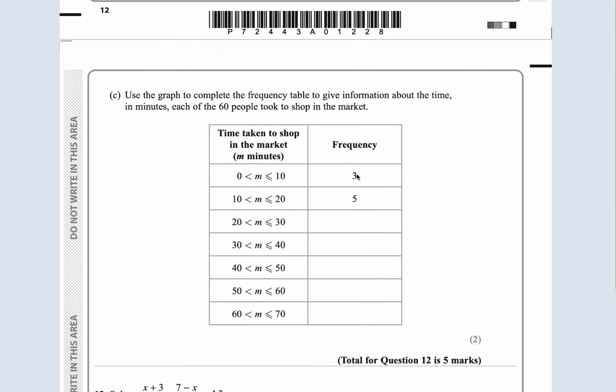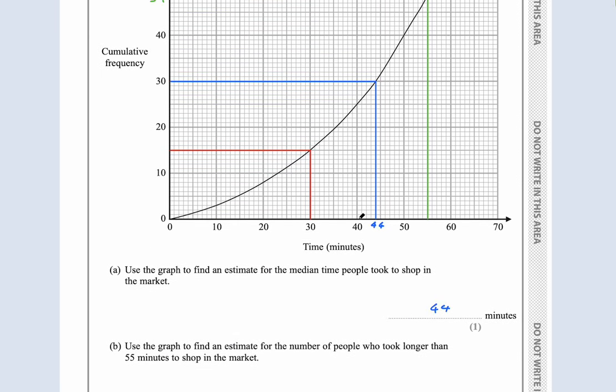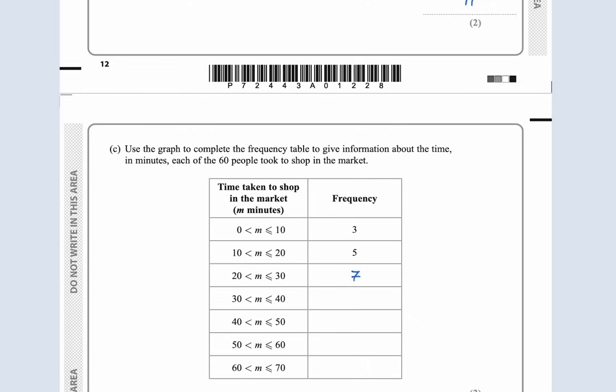So that means this plus something must be 15. That's 8, so this has to be 7, because the cumulative frequencies when I add them all together, this has to add up to 15. Now similarly, I'll go to 40. 40 here is 25. So the next one has to add up to 25. We're on 15. This is going to have to be 10.